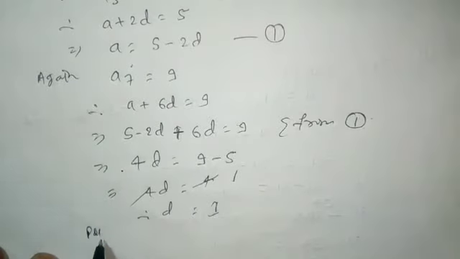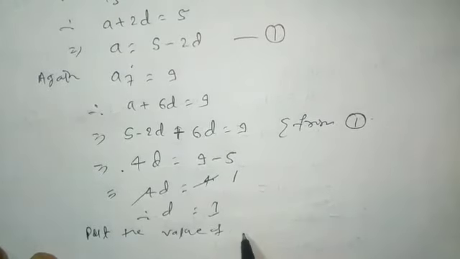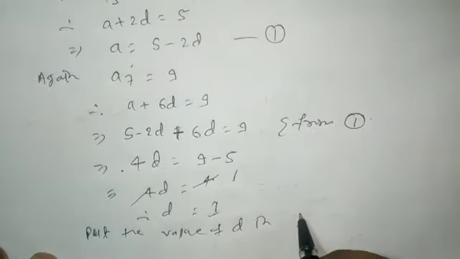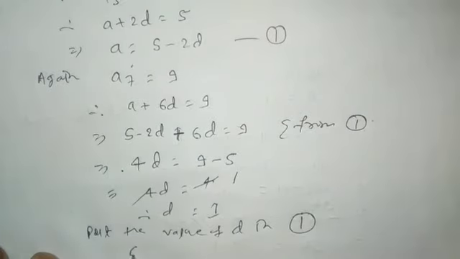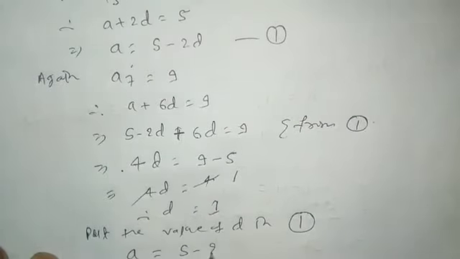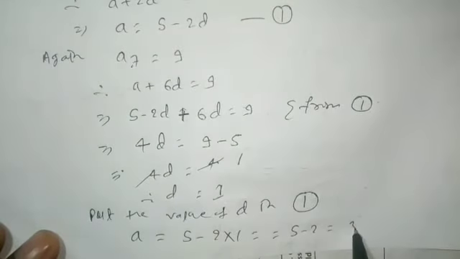Put the value of d in equation 1. Then we get a is equal to 5 minus 2 into 1 is equal to 5 minus 2 is equal to 3.